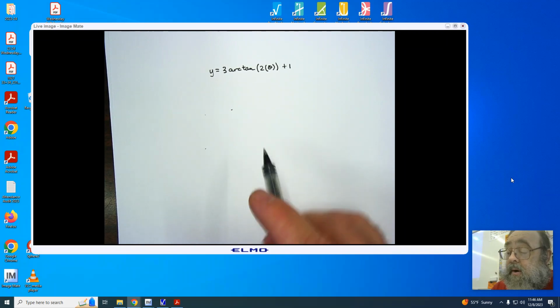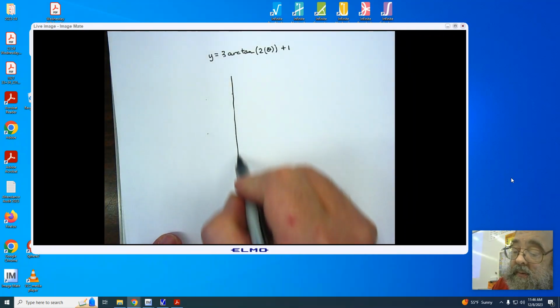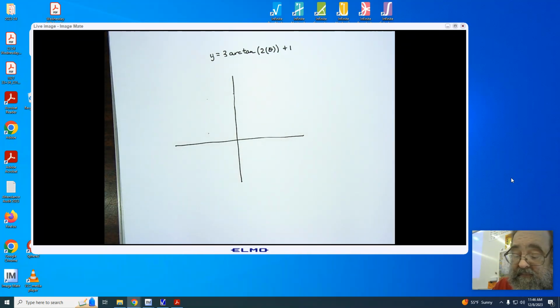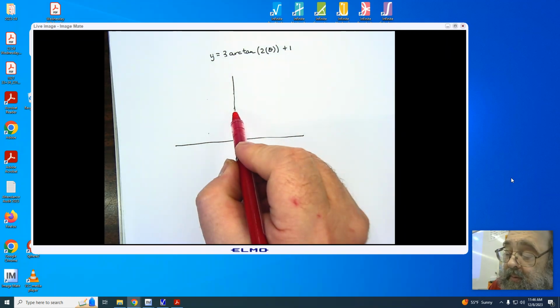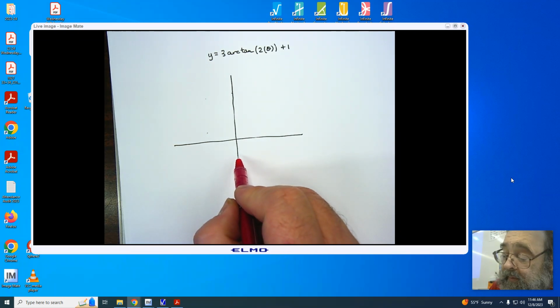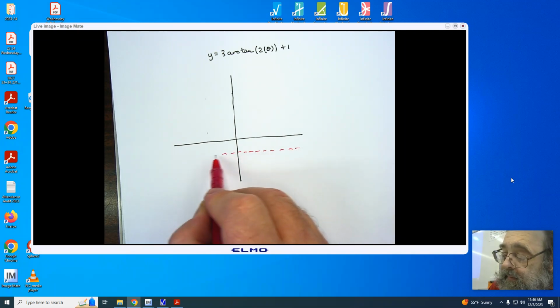We're going to start with our graph. Here's my coordinate plane. Now my first asymptote was going to be here at pi over 2, but it's been lifted by 1, and the other one was down here at negative pi over 2. So I'm going to be having my first one down here somewhere around -1/2.